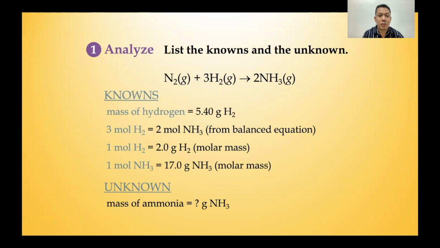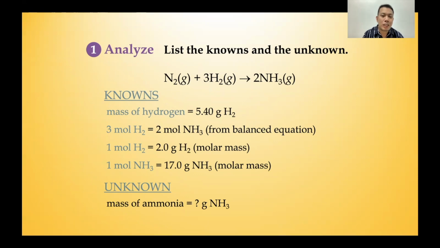Same step: list the known and the unknown. Now, I also have to double check the balanced equation if it is really balanced. Do not just rely on the statement that it is a balanced equation. You have to double check it.